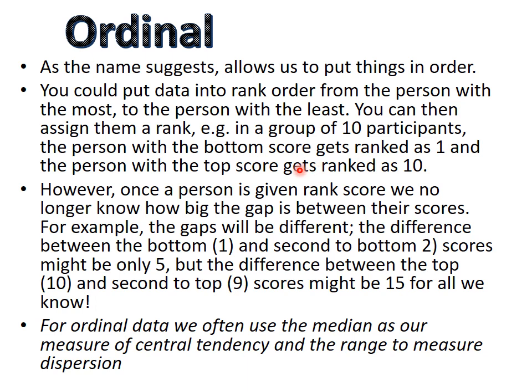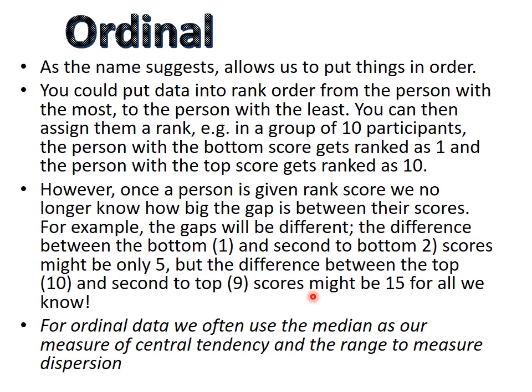And once you're given a rank score, the problem that we have is that the gaps between 1, 2, 3, 4, 5, 6, 7, 8, 9, 10 are not all exactly the same size. So, for instance, the gap between whoever comes bottom and second to bottom might be 5 on the test, but the gap between second and top might be 15.